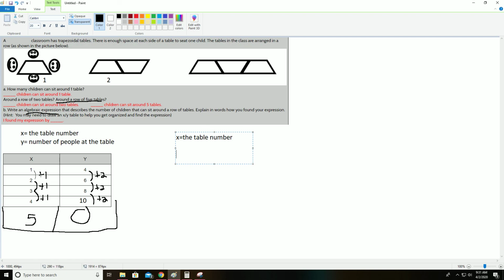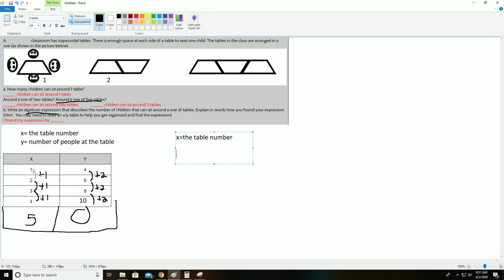Okay. Now here's one thing I noticed. I'm trying to think about how can I get from here over here. So I could multiply 1 times 4 to get 4, and that works, but 2 times 4 is not 6, it's 8. So I don't think that's going to work. So what else could you do?